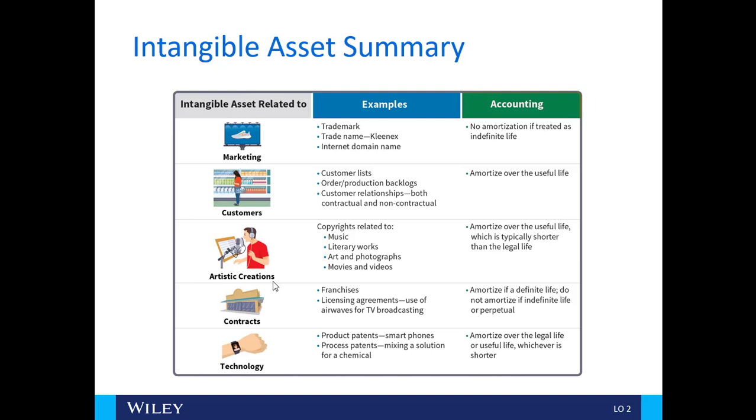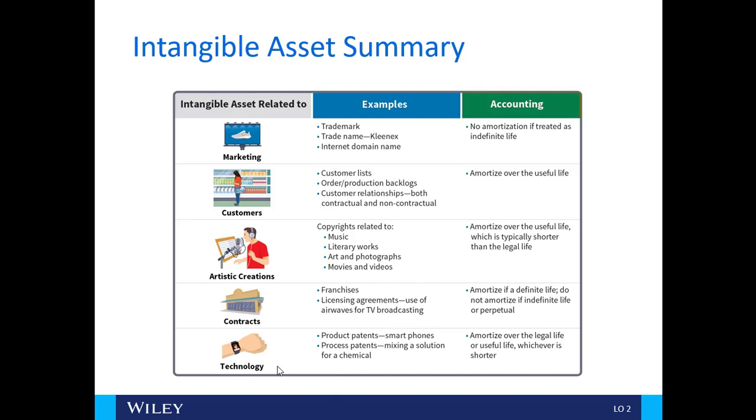So music, books, artwork, these things that have copyrights associated with them will have a legal useful life, and you amortize it over that. Franchises, other types of licensing agreements for TV broadcasting, that kind of thing, those all have limited lives, so you amortize those.